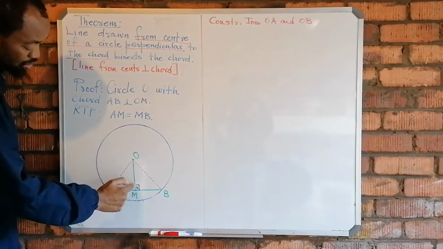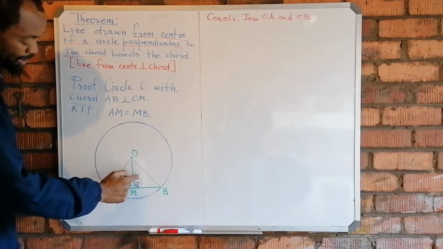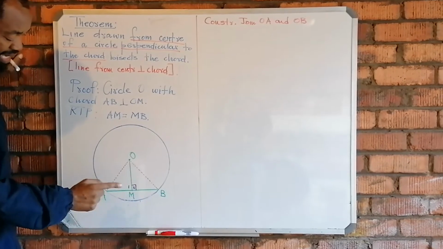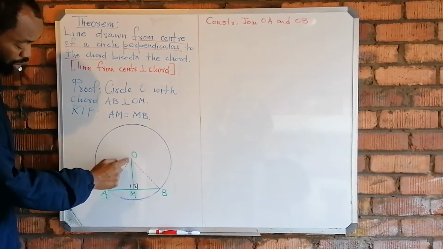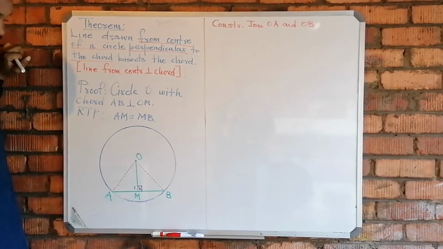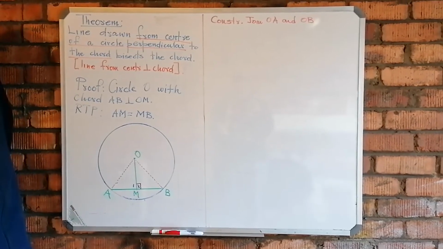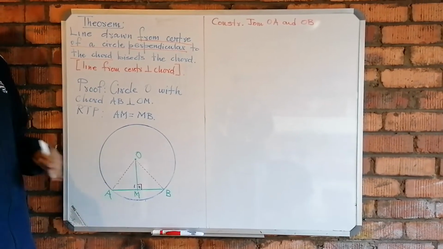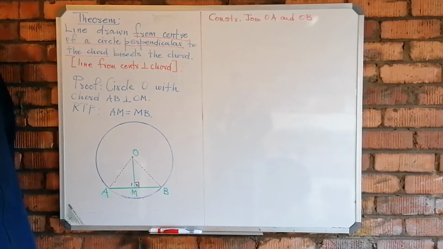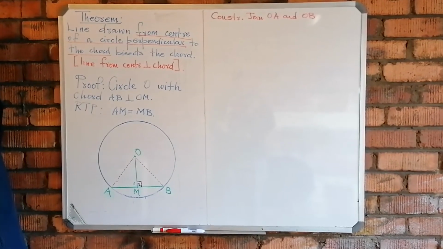And I see OM being equal to OM because it is common to both triangles. And remember, we were told that this line is perpendicular to that line, meaning angle M1 is equal to angle M2, which is 90 degrees, each one of them. Now, which previous theorem do we see here? Congruency from grade 9. We are going to use congruency to prove this theorem.